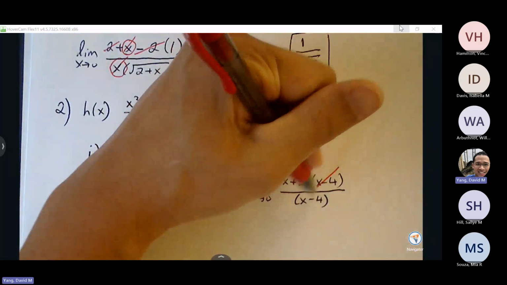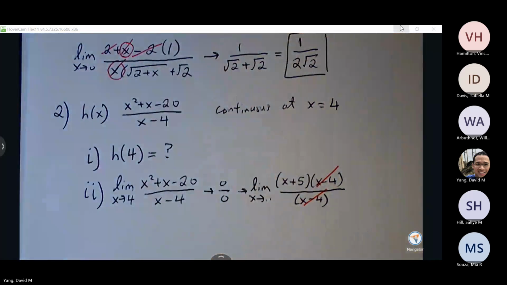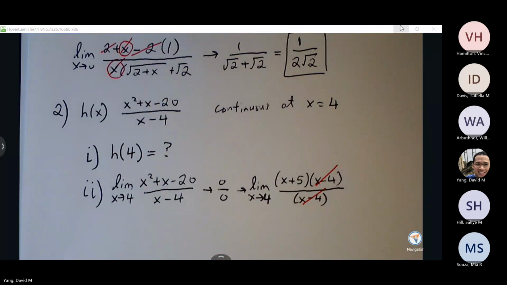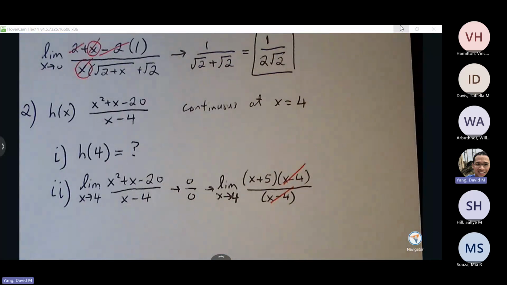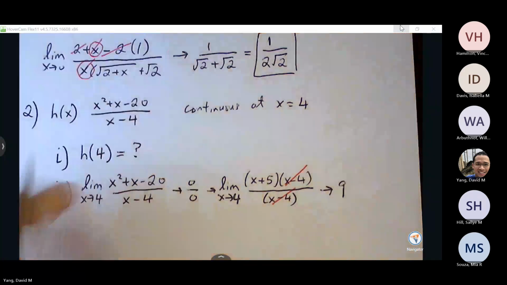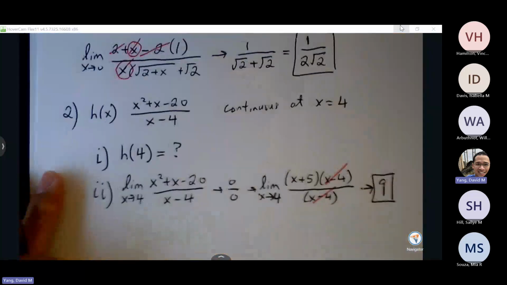Okay, we remove the hole. All right, not approaches 0, approaches 4. Like that. Okay, remove the hole, we reevaluate, we get 4 in for x, 4 plus 5 is 9.